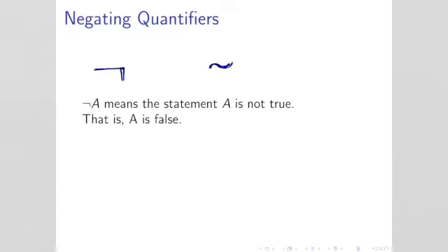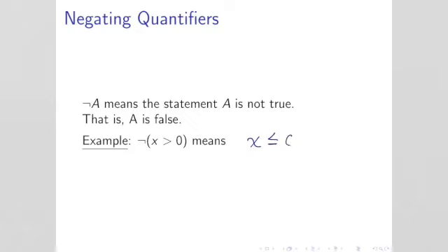So not A means that the statement A is not true. So A is false. It's the opposite truth value from A. So not x greater than 0 means x is not greater than 0. In other words, x is less than or equal to 0.